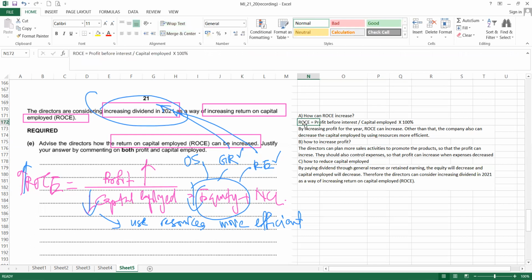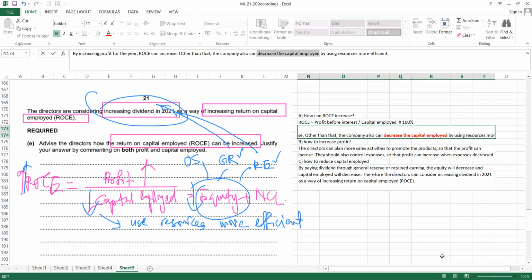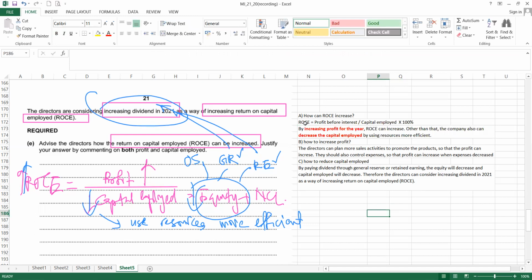So there we say these two can cause the ROCE to increase: profit increase, by increasing the profit, and another way is to decrease the capital employed. So these two ways will help to increase the ROCE. Next we have to answer how to increase the profit, then how to reduce the capital employed.